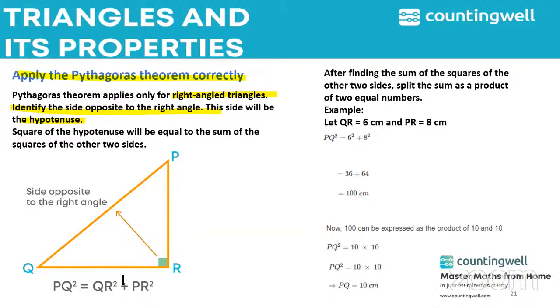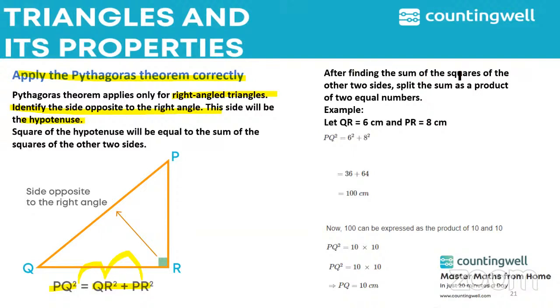So the square of the hypotenuse will be equal to the sum of the squares of the other two sides. You cannot interchange these sides when you are writing this mathematical statement. Note that triangle PQR is right angled at R and the side opposite to angle R is PQ. So PQ is the hypotenuse.